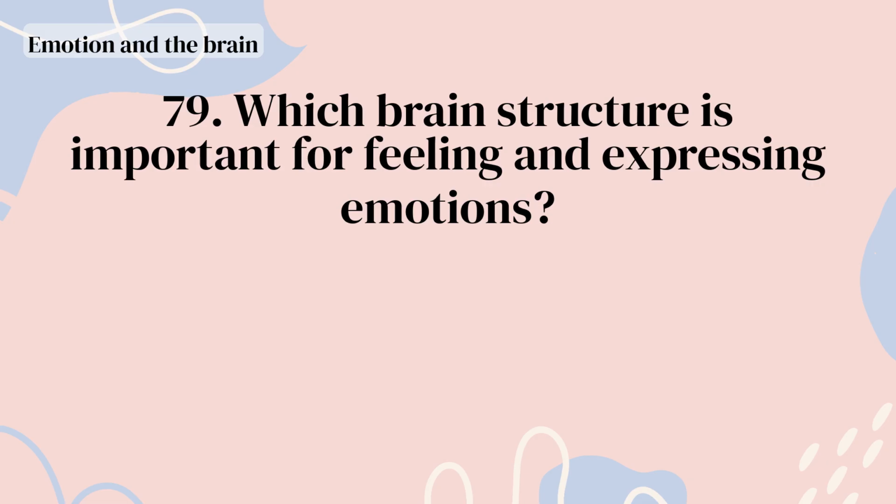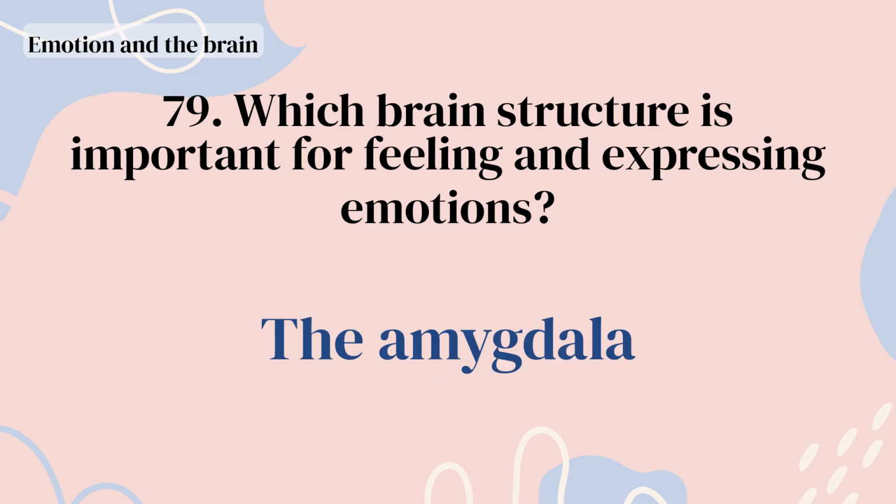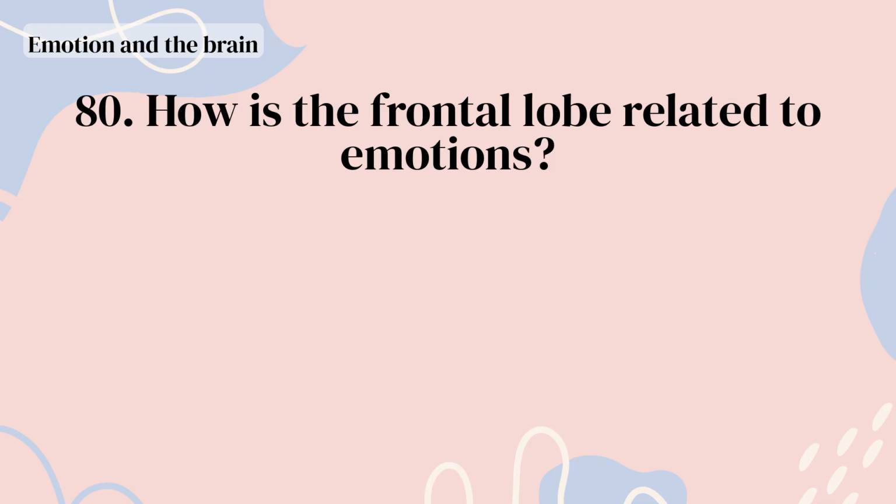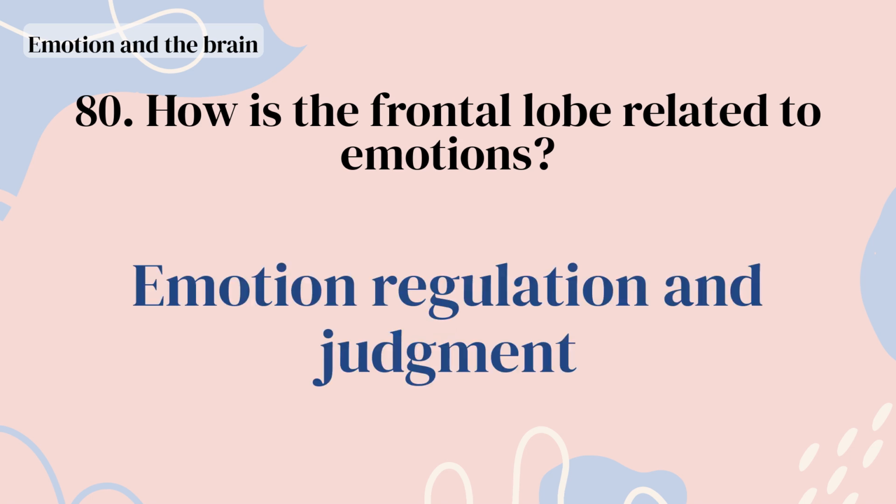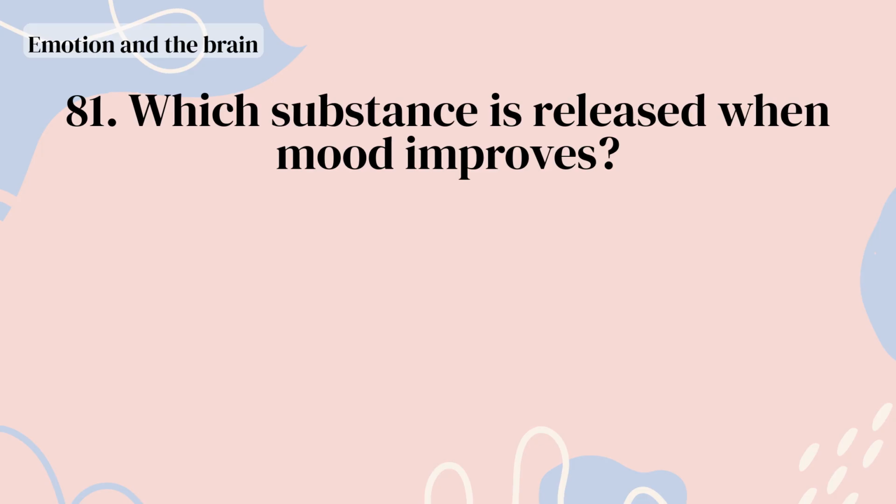Which brain structure is important for feeling and expressing emotions? The amygdala. How is the frontal lobe related to emotions? Emotion regulation and judgment. Which substance is released when mood improves?